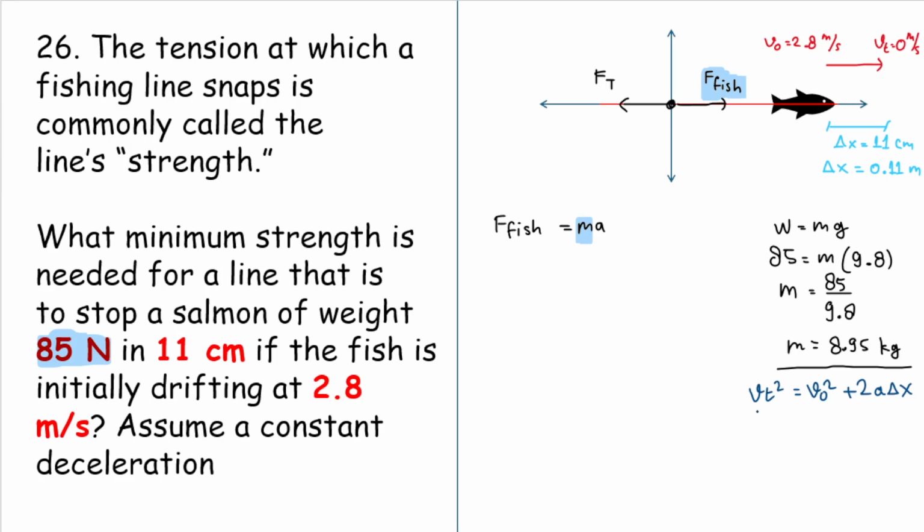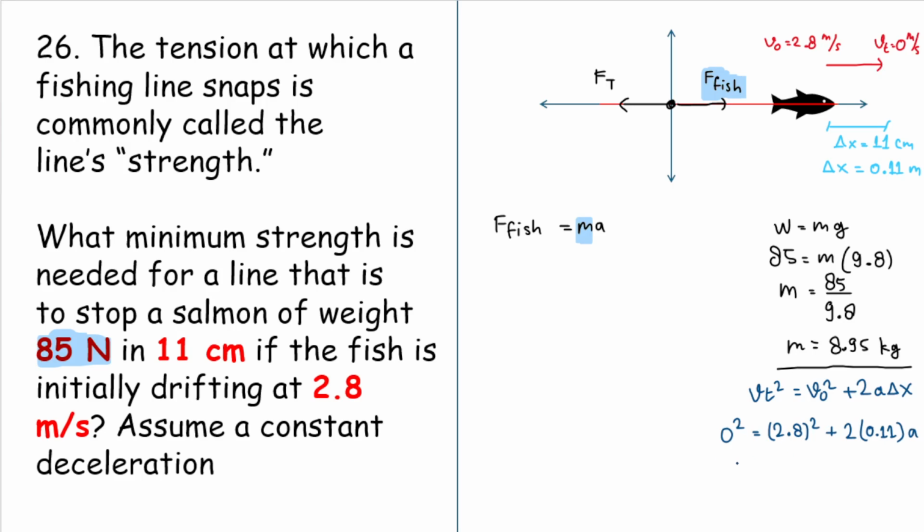We know all of them except for the acceleration. Vt is 0, so let's plug that in: 0 squared equals 2.8 squared, plus 2, and then delta x is 0.11, multiplied by the acceleration.